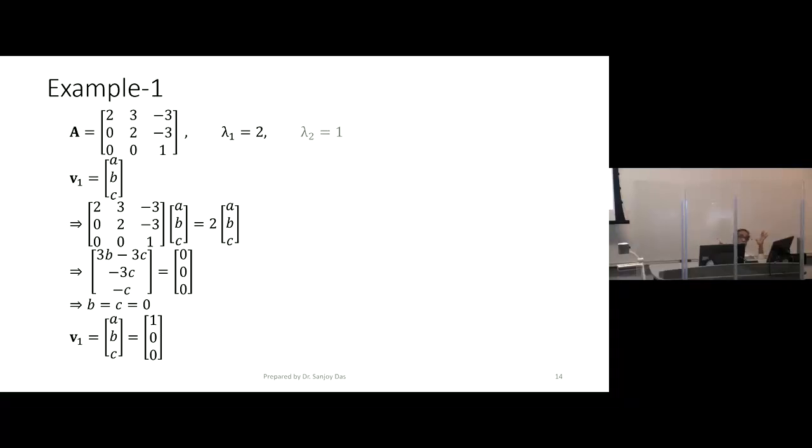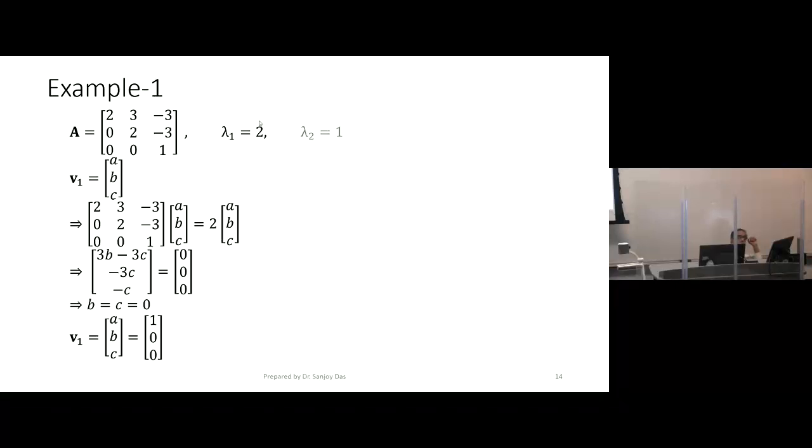So all we are left with is a, and scaling it up or flipping its sign doesn't make a difference, right? They're all the same eigenvectors. So V1 is (1, 0, 0). That's the only eigenvector corresponding to lambda 1 equals 2.